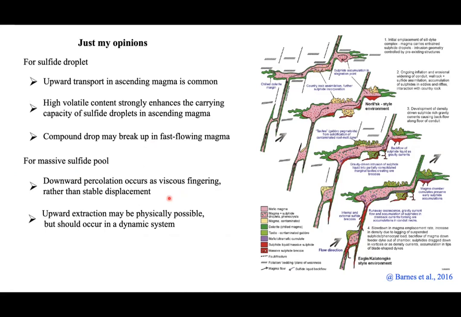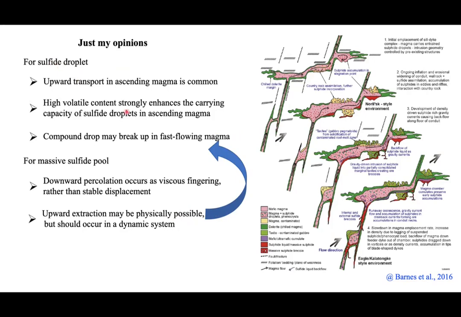Secondly, maybe some process will drive the upward migration of the sulfide liquid pool. It may be possible, but I think this process should occur in a very strong, powerful, very dynamic system. But we have talked about it: if this system is very dynamic and powerful, the sulfide liquid will quickly break up into sulfide droplets.